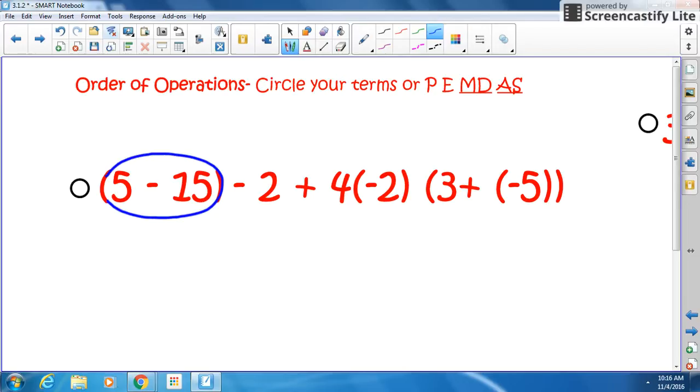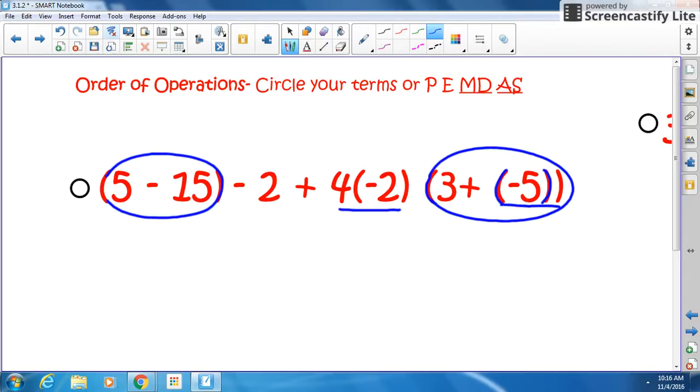Keep going through the problem. There's a parentheses here, but there's not a problem inside, so I know that's being used for multiplication. And there definitely is a parentheses here. The reason why there's double parentheses is this first parentheses right here is used to separate the negative from the plus sign. So I'm going to do the values of the parentheses first.